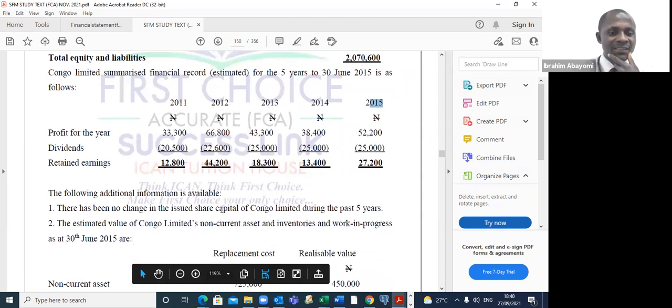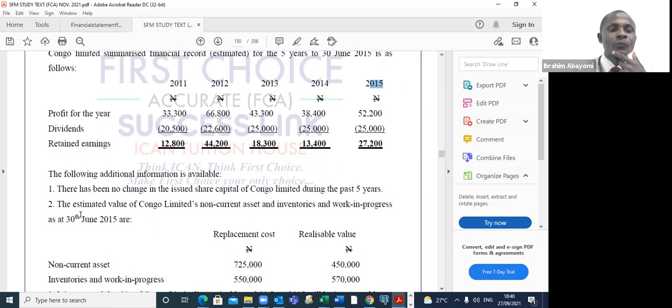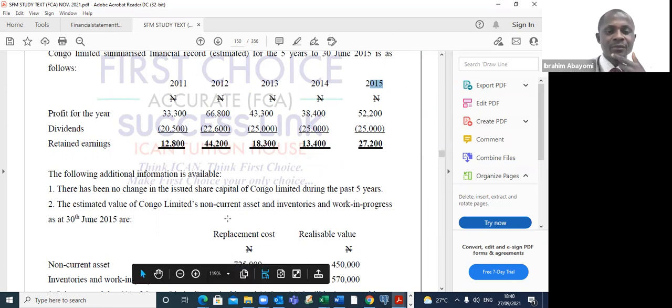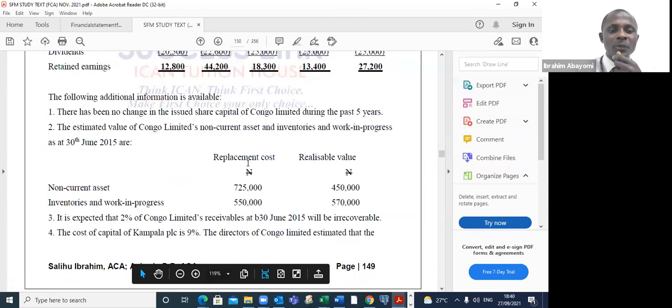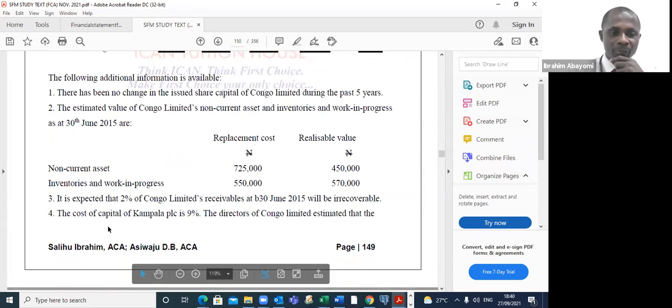The following additional information is available. There has been no change in the issued share capital of Congo Limited during the past 5 years. The estimated value of Congo Limited's non-current assets and inventories and work in progress as at 30 June 2015 are: replacement cost and realizable value for non-current assets, and replacement cost and realizable value of inventories and work in progress.